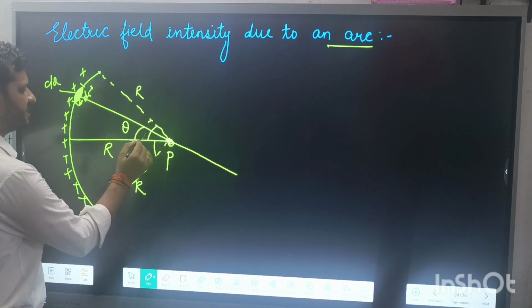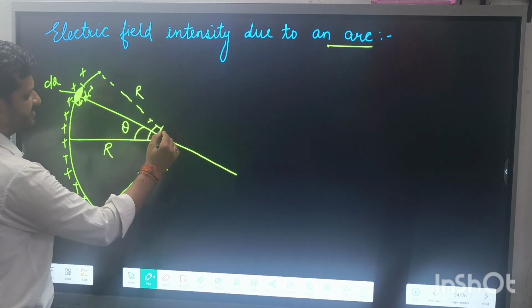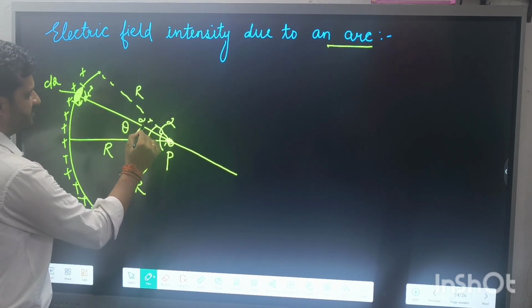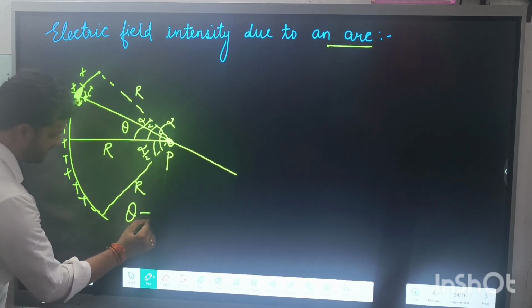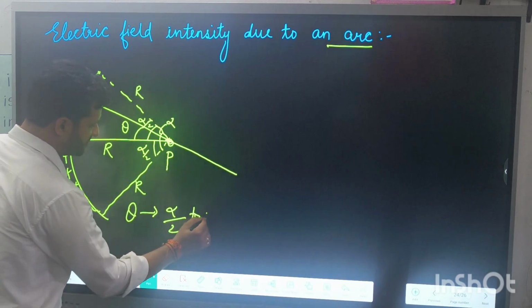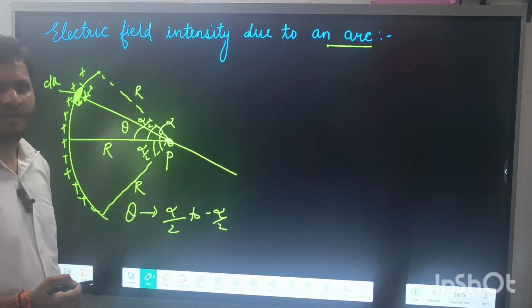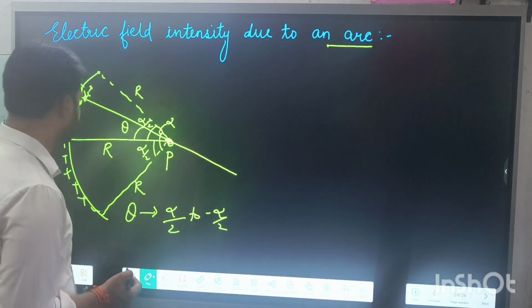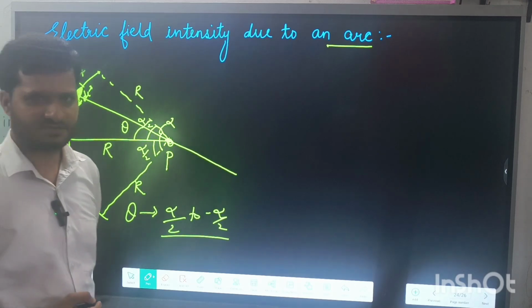Let the whole angle subtended by the ring be alpha, then this value will become alpha by 2 and alpha by 2. We can say that theta will vary from minus alpha by 2 to alpha by 2. We will take negative and positive as per the mathematical approach, anti-clockwise and clockwise direction.